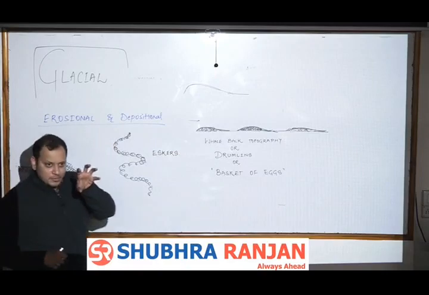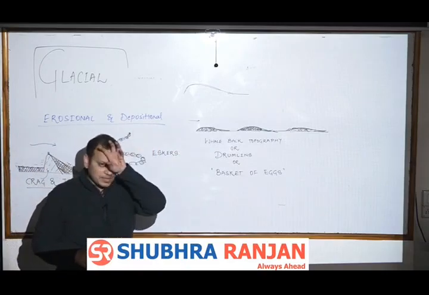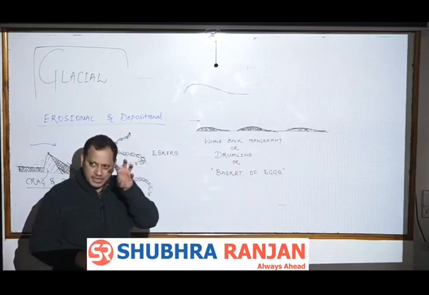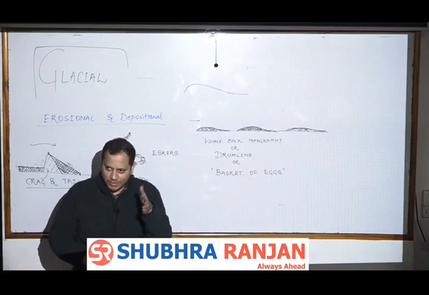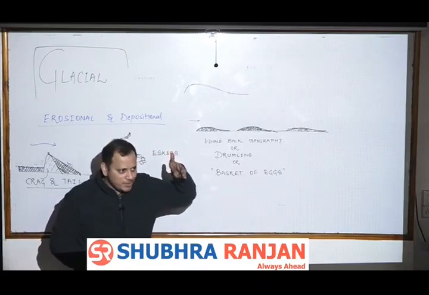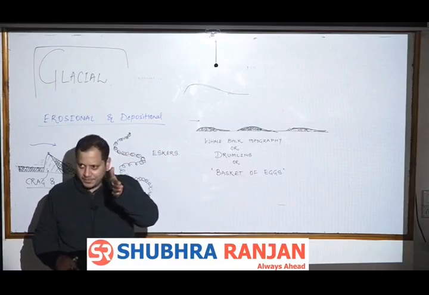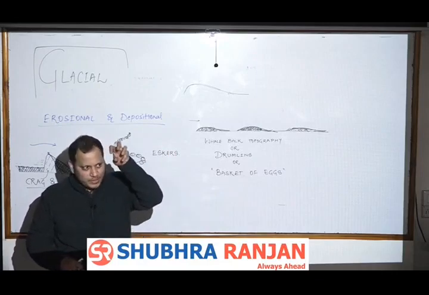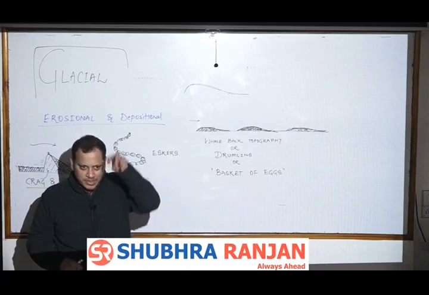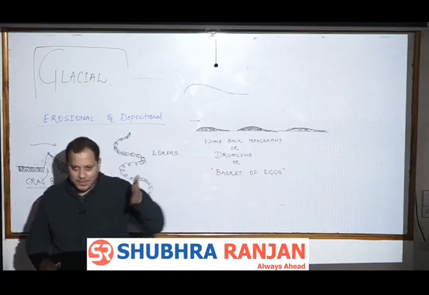Ice has started to melt. The glacier has melted. It is carrying a large amount of sediments. When it is melted, matlab kya ban gaya? It has become water. And what is the property of water? It will start to meander. As it starts to meander, water ka dusra property hai, it will deposit. So it has deposited the sediments in its path. Path kaisa hai?